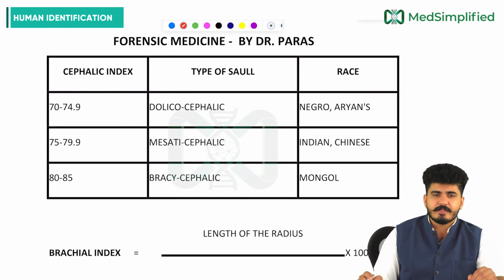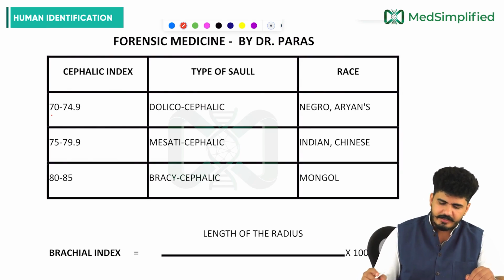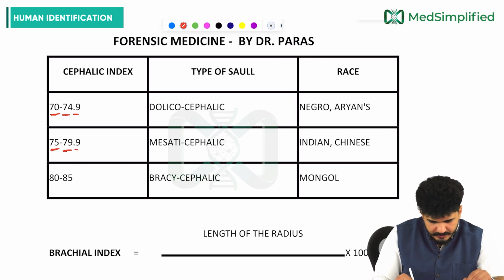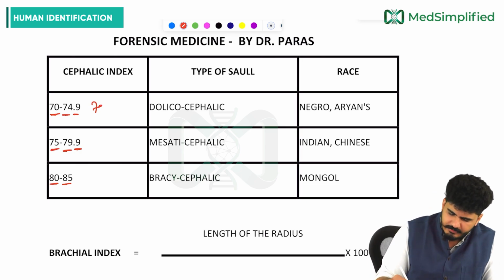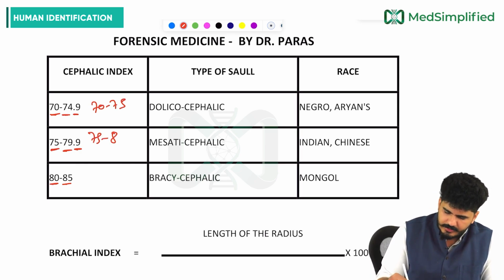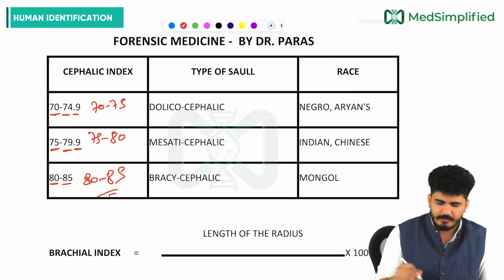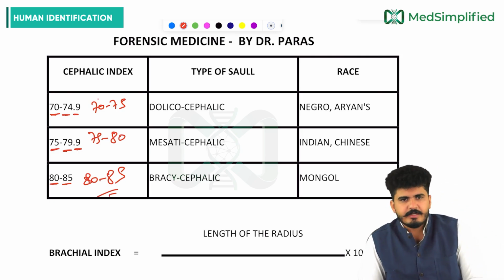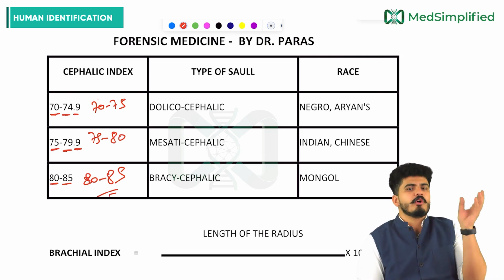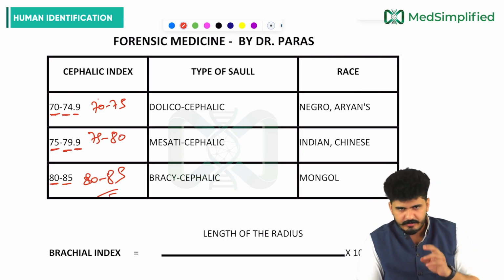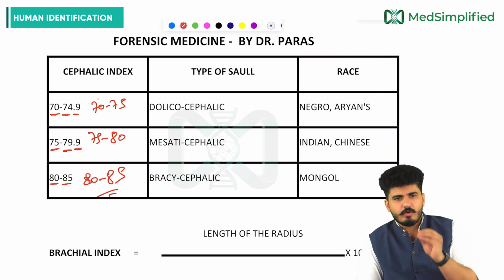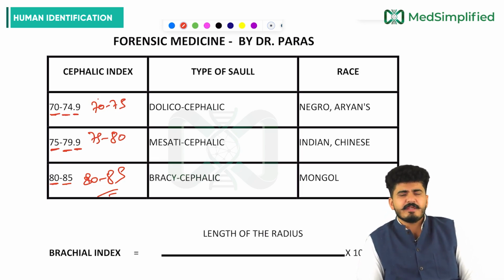We divide the cephalic index into three categories: 70 to 74.9, then 75 to 79.9, and then 80 to 85. To make it simple, we'll say 70 to 75, 75 to 80, 80 to 85, since 74.9 rounds off to 75 and 79.9 rounds off to 80. Now the first type of skull is dolichocephalic.